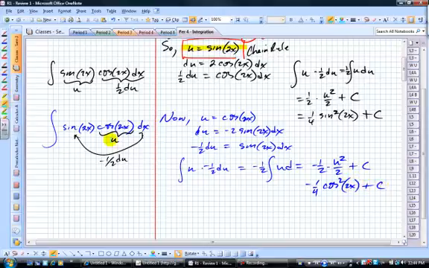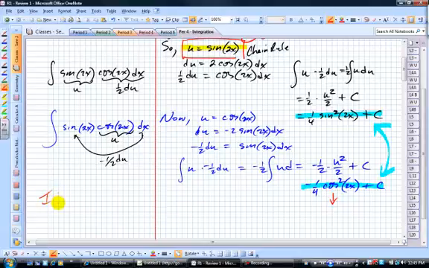Now let's compare our end results, this one and this one. They look different, but believe it or not, they are actually the same. And I'll show you. This right here is equal to 1 minus sine squared of 2x, because I know that cosine squared of 2x plus sine squared of 2x is always equal to 1.